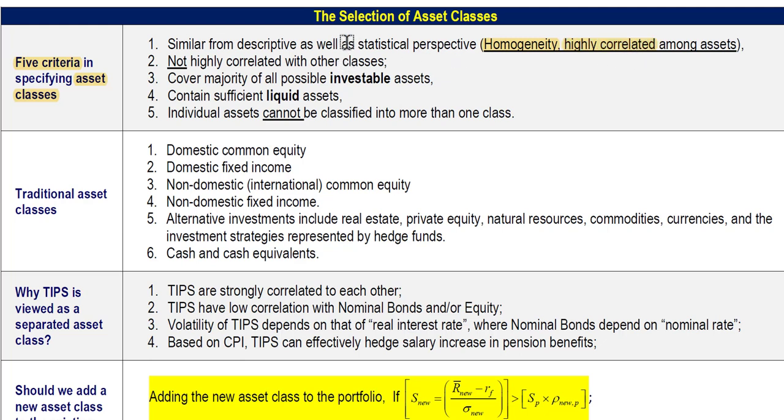Now on the other side, outside the class, among different classes cross-sectionally, that correlation has to be low. In other words, they're not highly correlated with each other in terms of asset classes. So we're looking for high correlation inside the class, but low correlation outside the class.